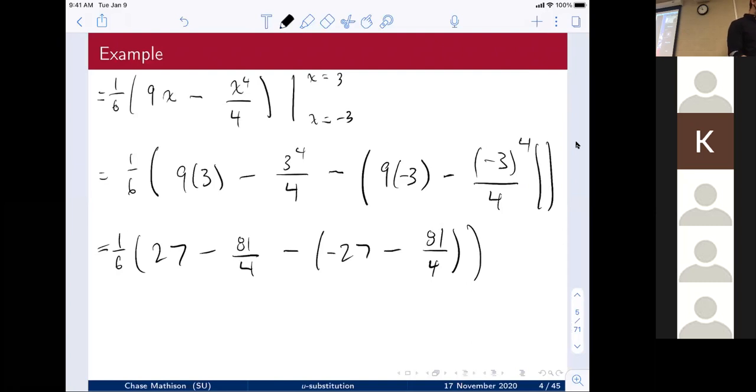So this minus 81 over 4 and plus 81 over 4, those cancel. I'm going to be left with 1 over 6 times 27 plus 27, which is 54.